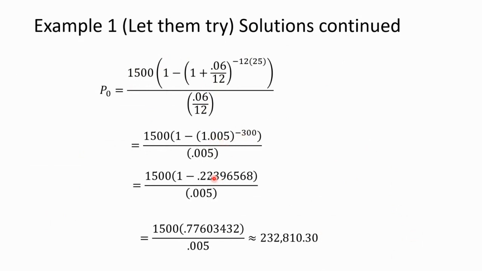That I did in my calculator. We end up getting this 0.22 number. You're working from the inside out, right? Parentheses, then you do the exponents here. We do these parentheses, right? That's what we get down here. Then we multiply top and divide the bottom, and we end up getting this amount.